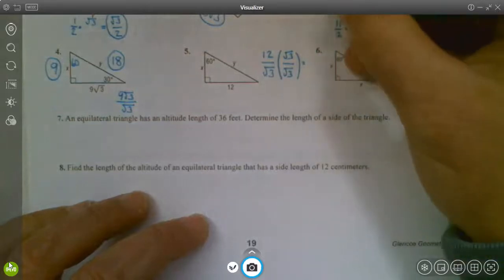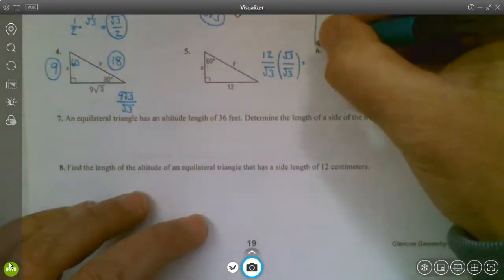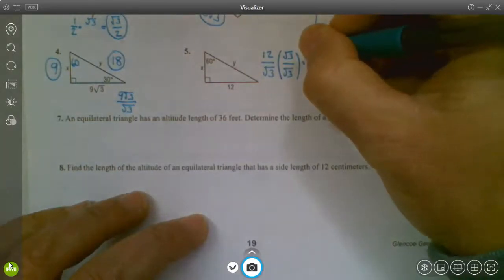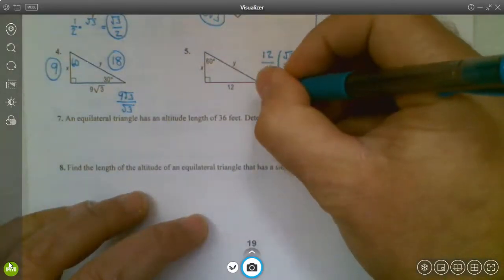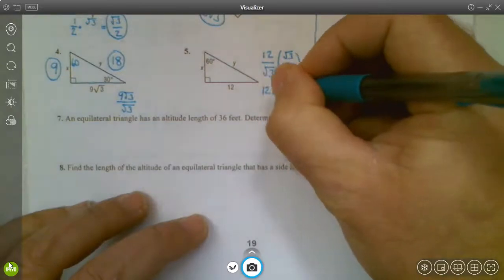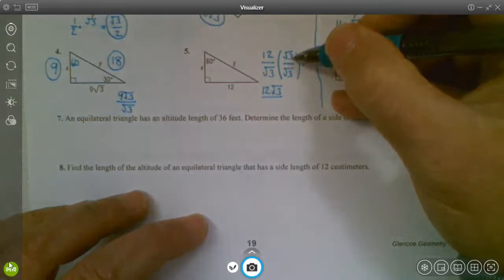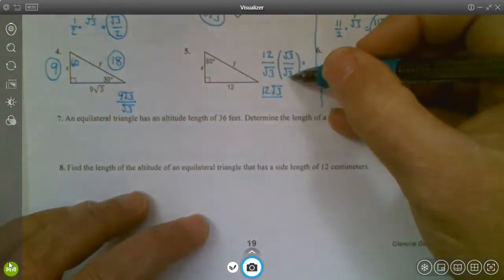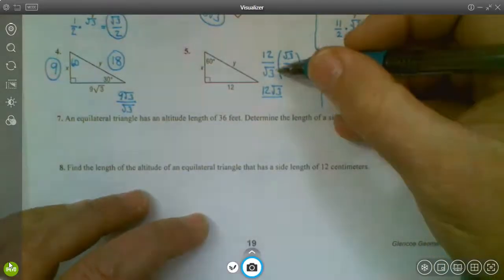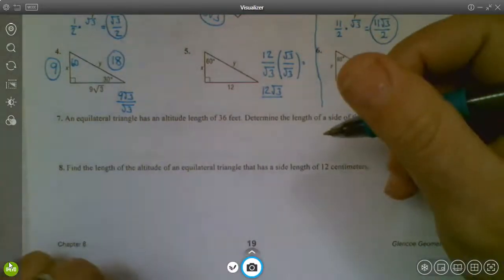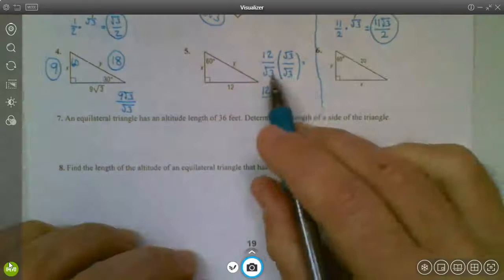Kind of running into my other one here, but I'm going to do this. See if I can separate them. Tell you what, I'll just write it down here. So when I multiply the tops together, I get 12 root 3. When I multiply the bottoms together, remember what I said on the first page, what's any radical times itself? You just drop the radical. So it's going to be 3. But here's how it worked out.